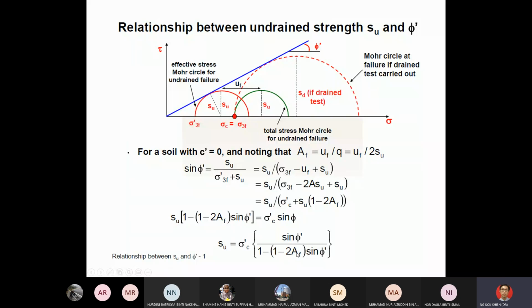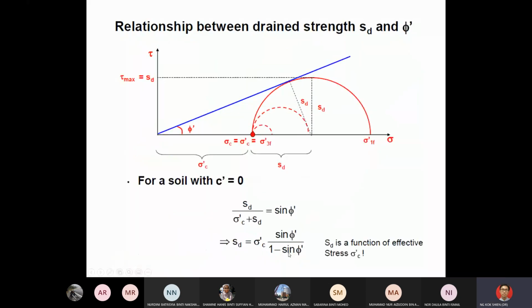So that's the additional term here, 1 minus 2A. This is the skeleton parameter A. So it's actually influenced by the pore water pressure. 1 minus 2A. So you compare with the drained strength. This is the additional term only, 1 minus 2A. Sebelum tu tak ada.